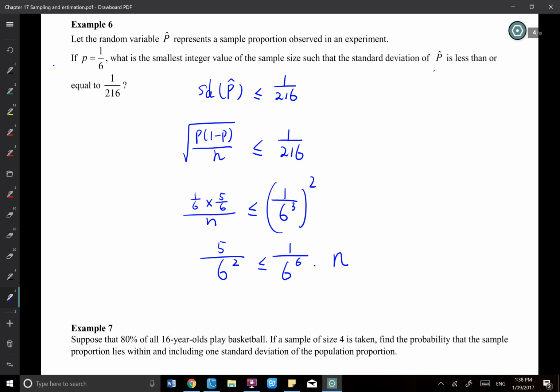So what you want to do is times 6 to the power of 6 on each side, and then just get cancelled. That's 5 times 6 to the power of 4. That's now equal to n.